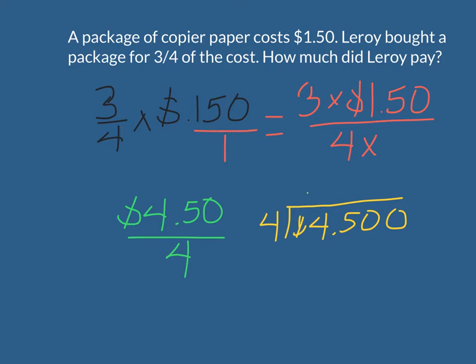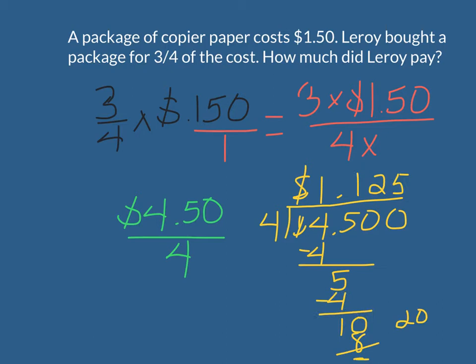So I bring up my dollar sign and my decimal, and then I just divide. So I end up with 1.125. So I'm going to round that to the nearest cent because we're dealing with money. So that would be $1.13. That would be the final answer for that.